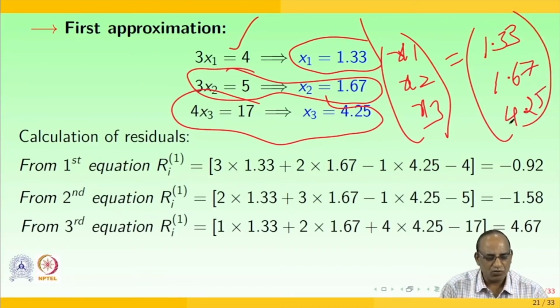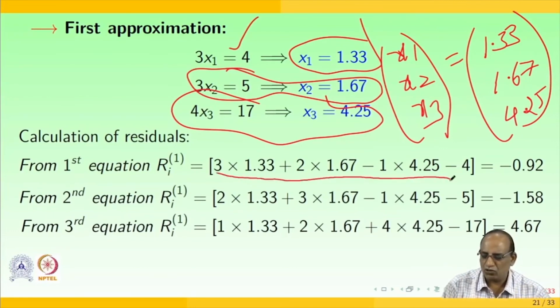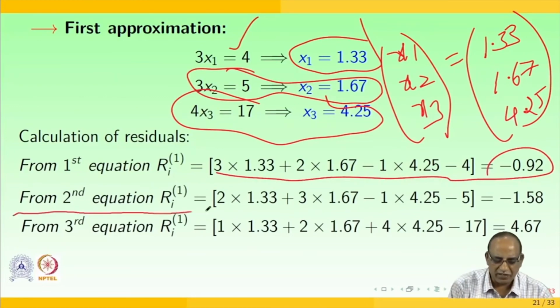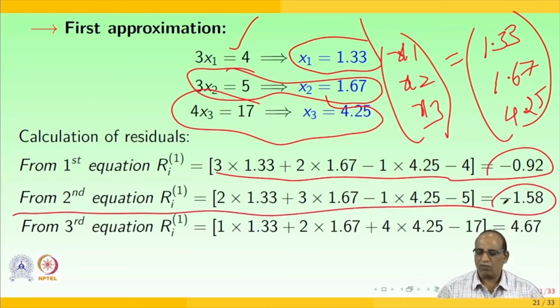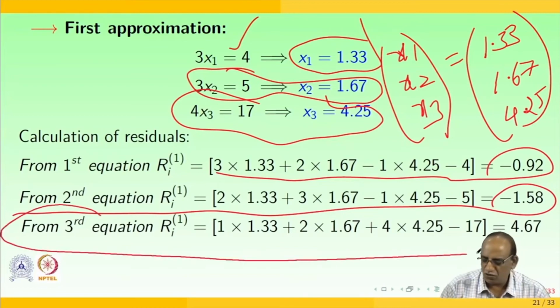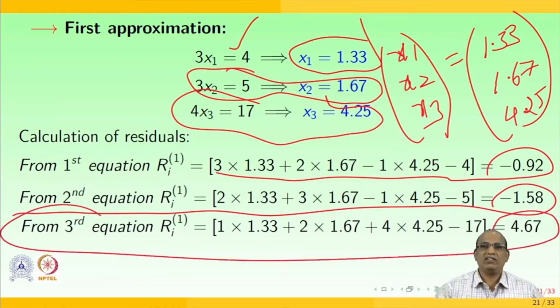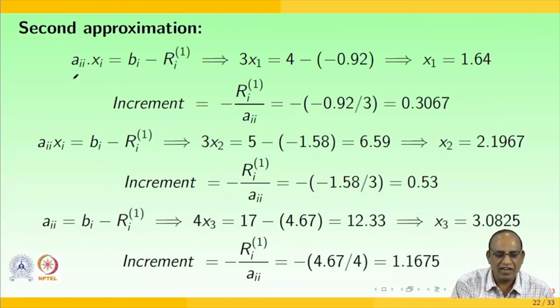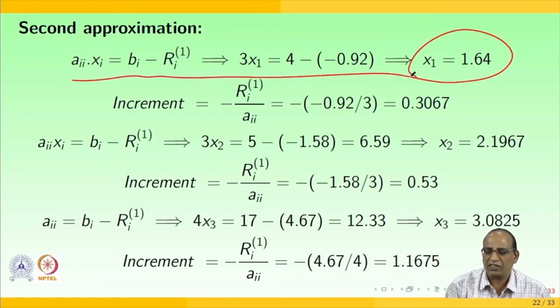Calculation of the residues: from the first equation R1, you will have 3 into 1.33, so you ultimately end up with minus 0.92. The second equation gives minus 1.58. The third equation gives 4.67. Similarly, when you do the second iteration, AIIXI is BI minus RI, so you end up with x1 equal to 1.64.